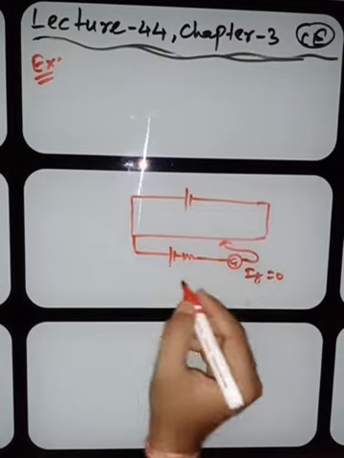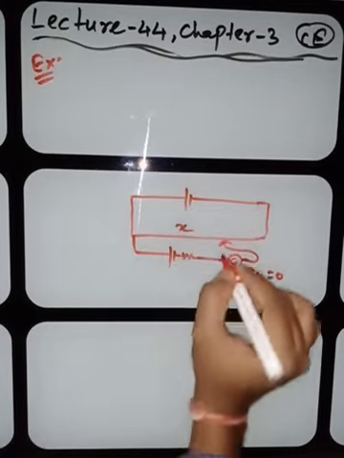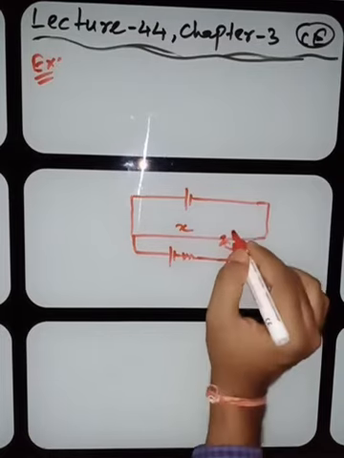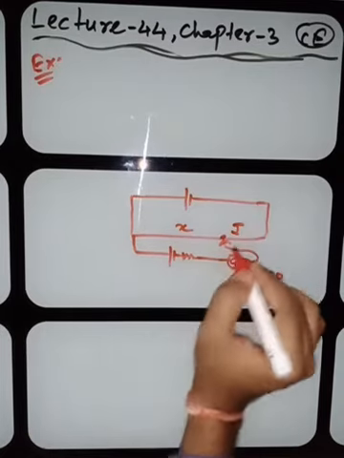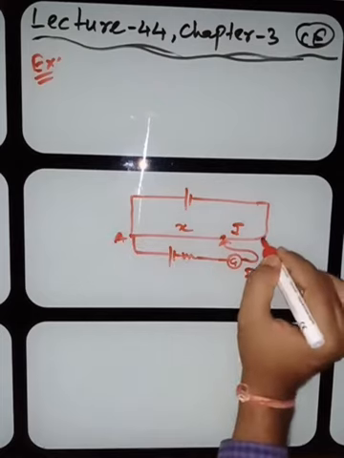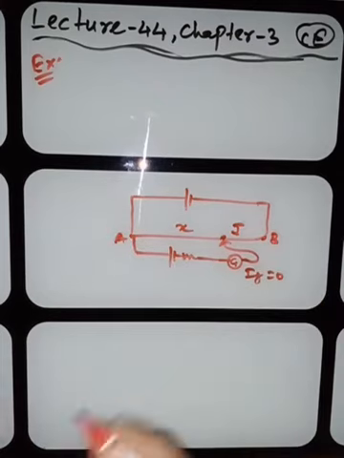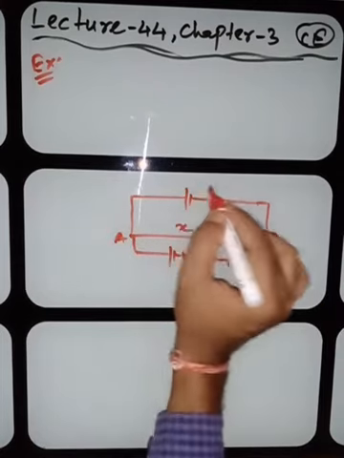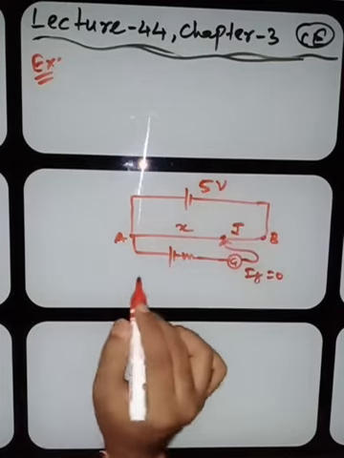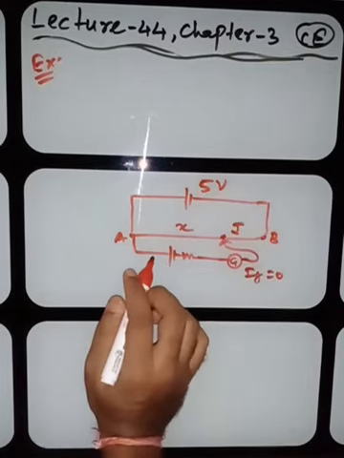This is the balance length, and this is the point of the jockey. Yes, AB. This is the driving cell. Suppose it is given as 5 volt in the question.